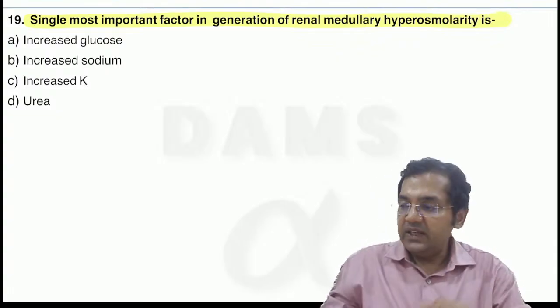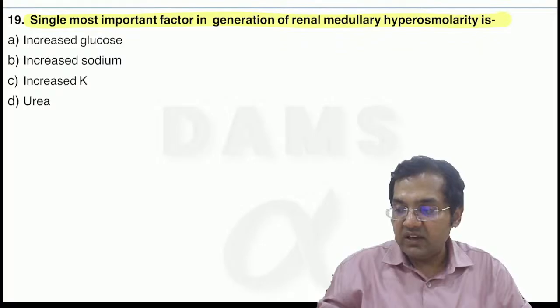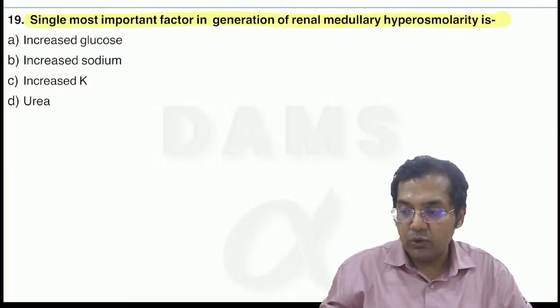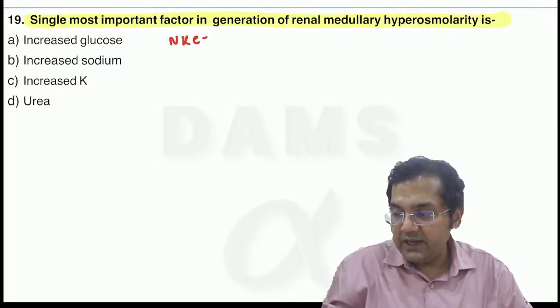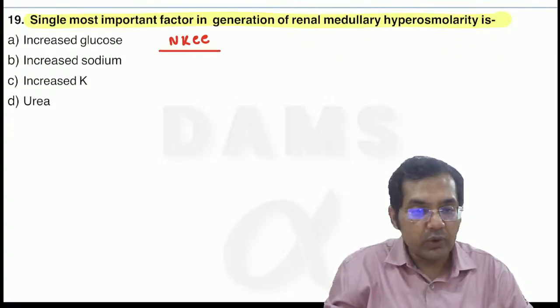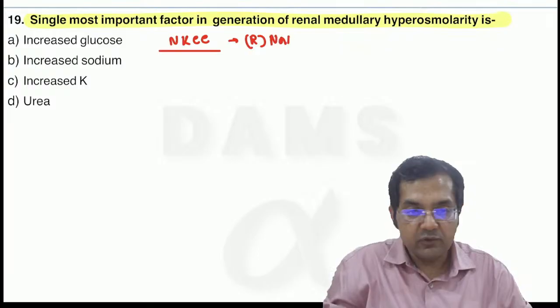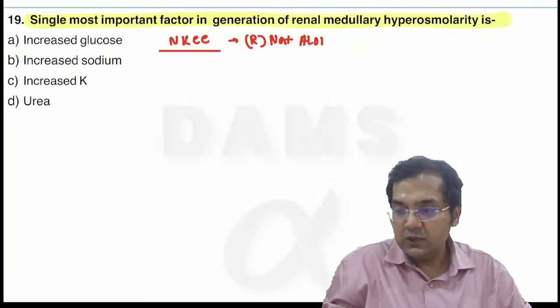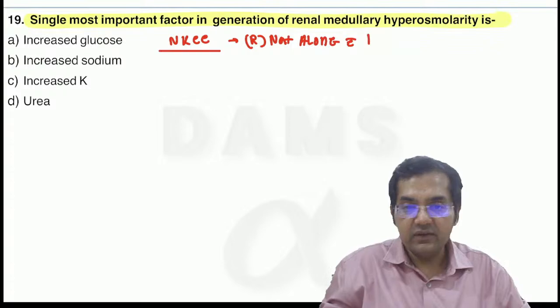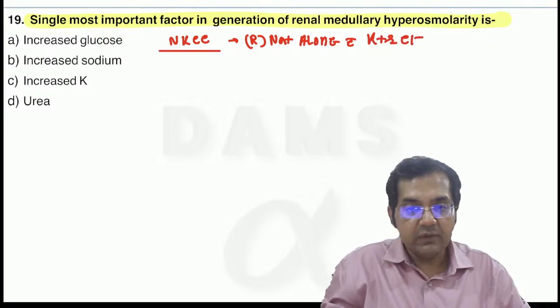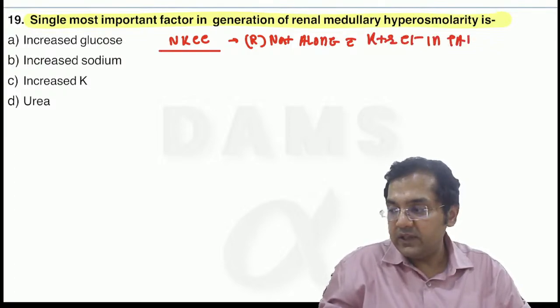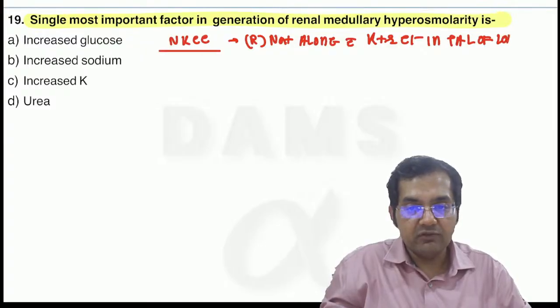In generation of hyperosmolar medulla, we have the role of two things. We have the role of NKCC, which is the sodium potassium 2-chloride co-transporter, so reabsorption of sodium along with potassium and chloride in the thick ascending limb of loop of Henle.